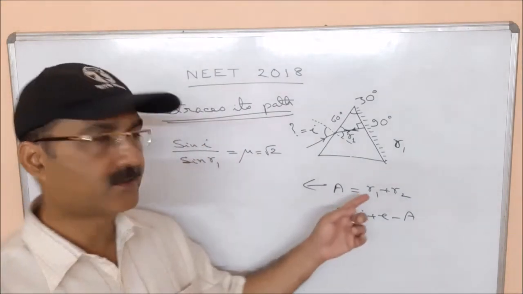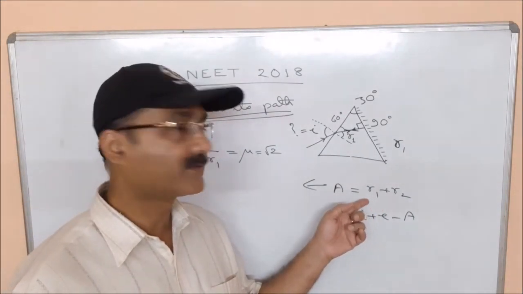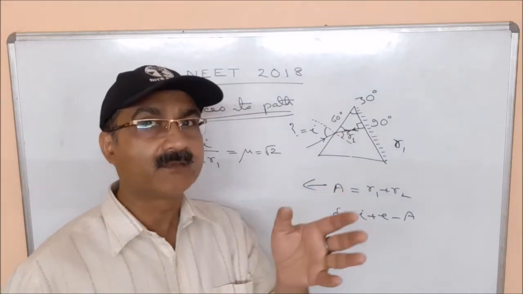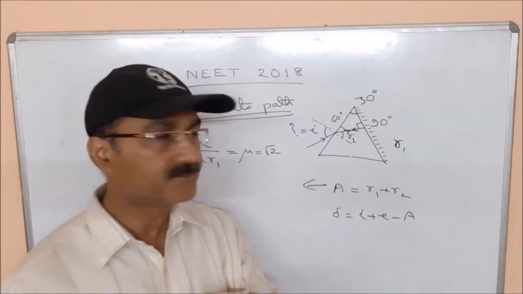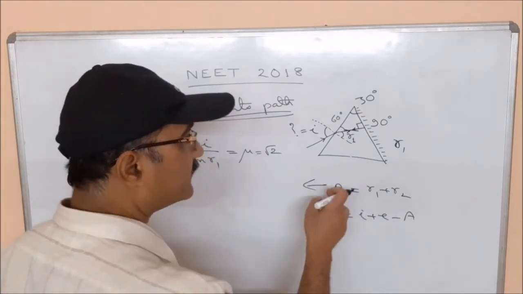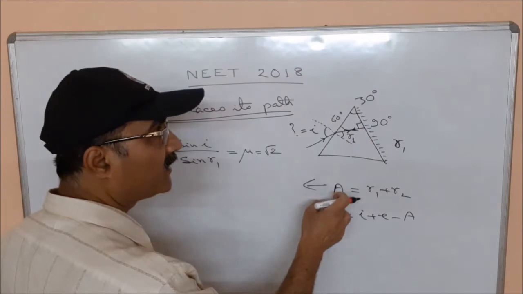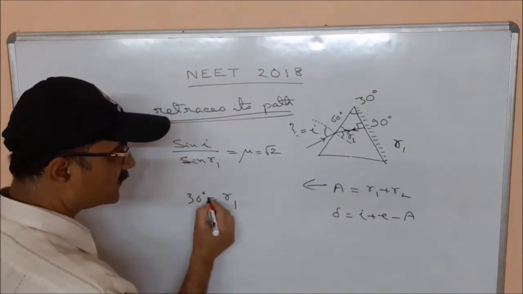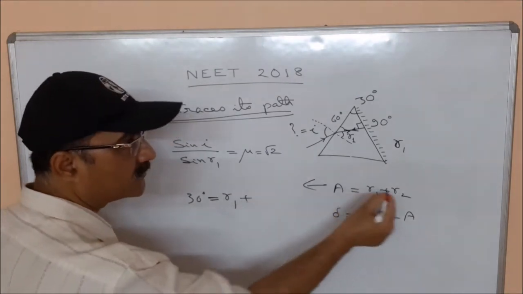I think you remember this equation. We get this equation when we derive the angle of minimum deviation for a prism. So you should remember this formula always. Now if we use the data here, A is given to be 30 degree, is equal to R1 plus R2.